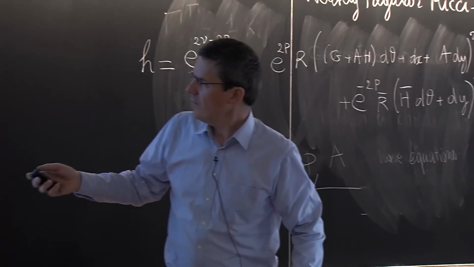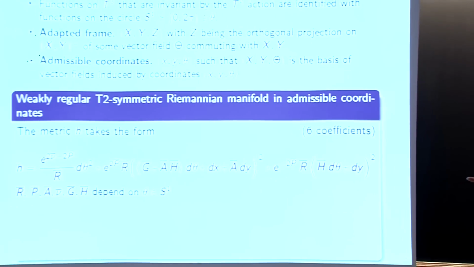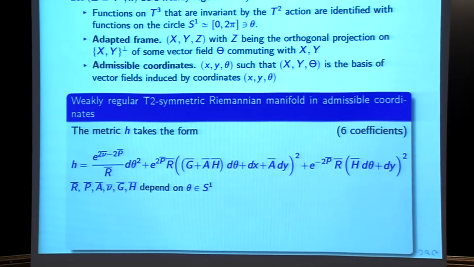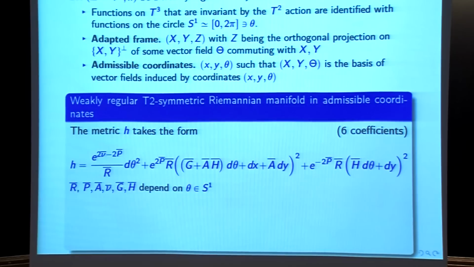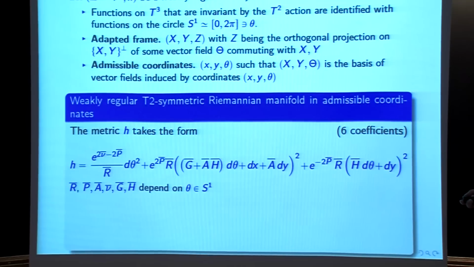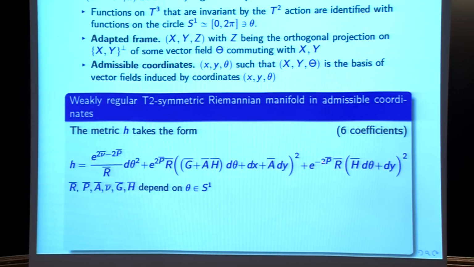So, okay, the metric takes the form which I wrote here. Of course, I need to explain why we have that. I will do that in a second, but now I just show you how it looks. So again, you have the area of the orbits of symmetry. For instance, if you compute the determinant of the xy part, you will see that the e^{-2P} will cancel with e^{2P} here.